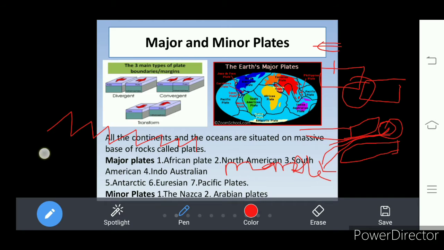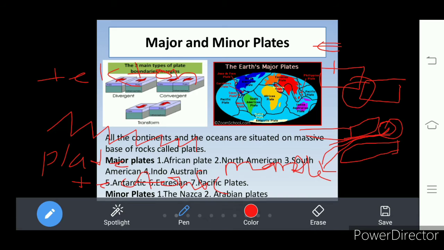What do we call that? Plate tectonic movement. Tectonic is a word derived from the Greek word tekton. Which one? Greek word tekton. Understand?